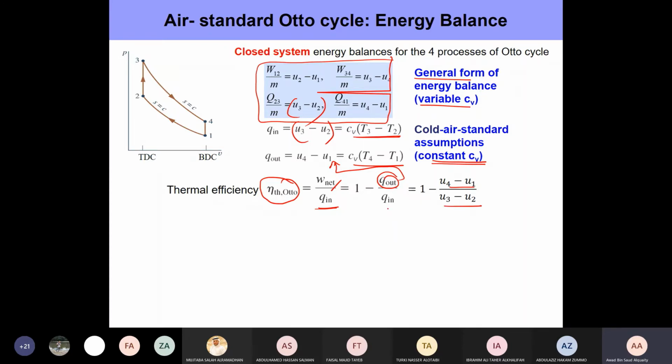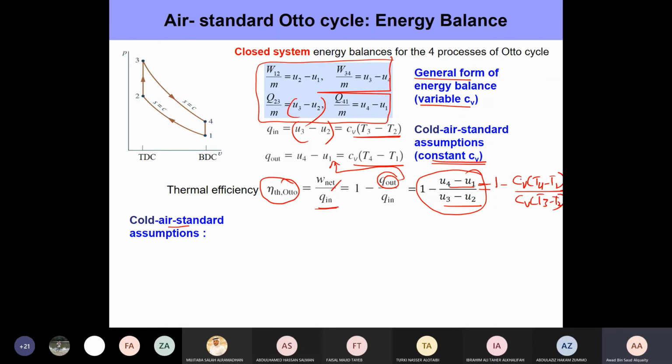Now, we would want to make the cold air standard assumptions just to come up with a very simple expression for efficiency. And when we do this assumption, that is when we treat air to be an ideal gas with constant specific heats, we can replace the delta U with Cv delta T. So this can be written as 1 minus Cv times T4 minus T1 divided by Cv times T3 minus T2.